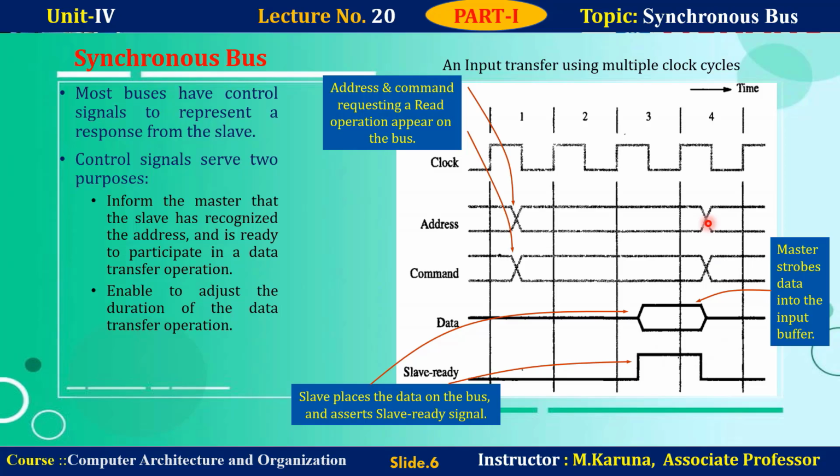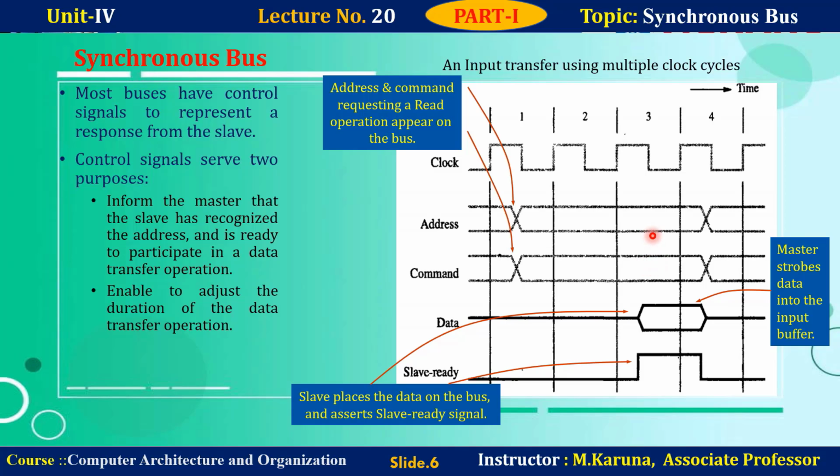The master may send a new address to start a new transfer in clock cycle 4. The slave ready signal is sent from the slave to the master. This is known as an acknowledgement signal, confirming that valid data have been sent. The slave responds in cycle 3.